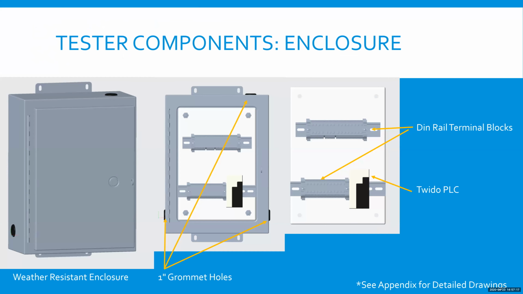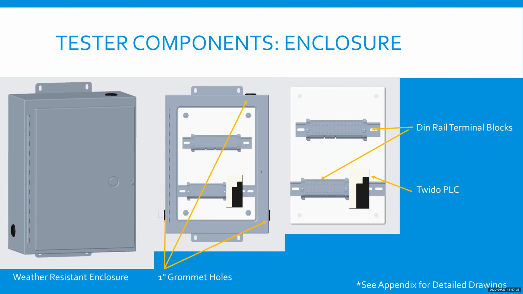So a closer look at the enclosure and the 3 grommet hole locations on the enclosure inside the cart, and then the removable plate inside of the enclosure on the far right with the DIN rail terminal blocks and the PLC.